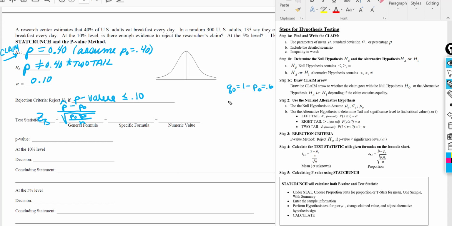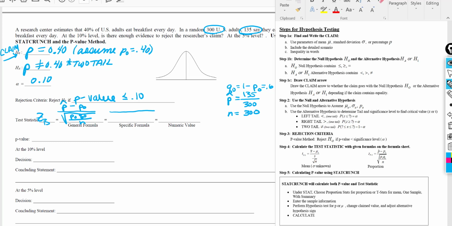Our p hat, remember, is our sample proportion, and in this problem it says in a random sample of 300 U.S. adults, 135 say they eat breakfast every day. So this would be 135 all over 300. Our n, remember, is our sample size, which is 300. Let's substitute those values into the formula.